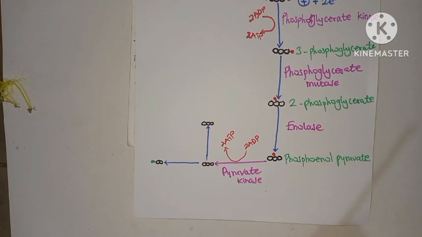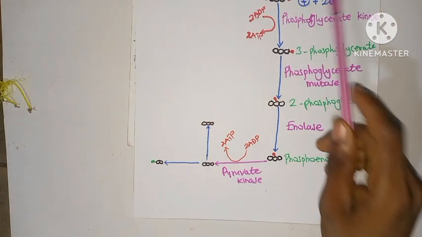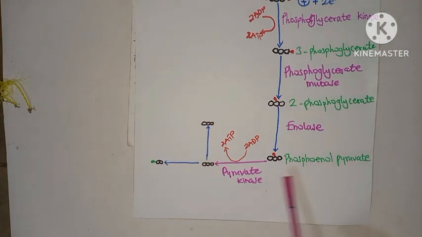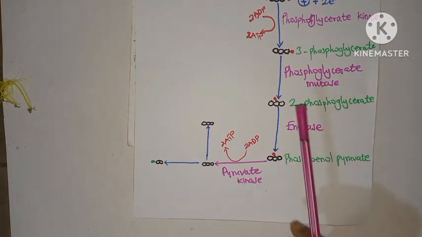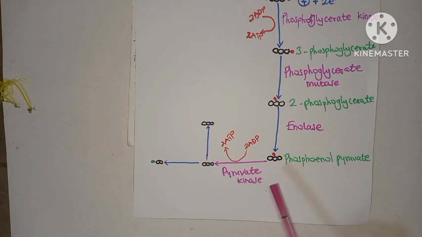Remember, because we had 2 glyceraldehyde 3-phosphate, we made 2 1,3-bisphosphoglycerate, and 2 3-phosphoglycerate, and then 2 2-phosphoglycerate, and we also have 2 phosphoenolpyruvate and then 2 pyruvate molecules.